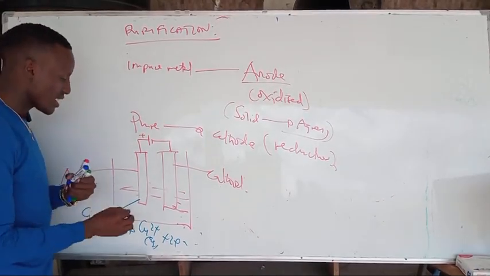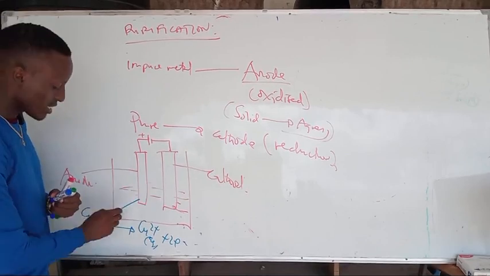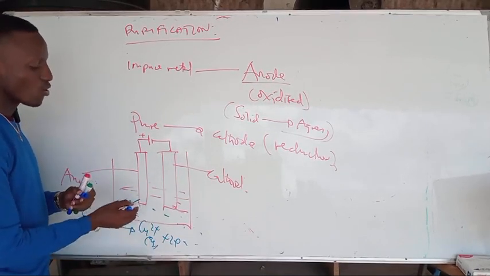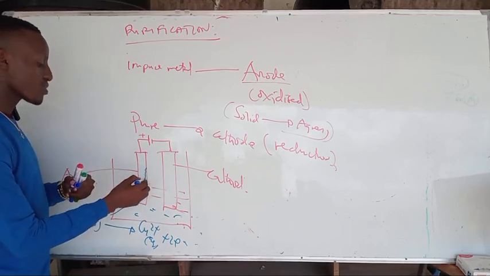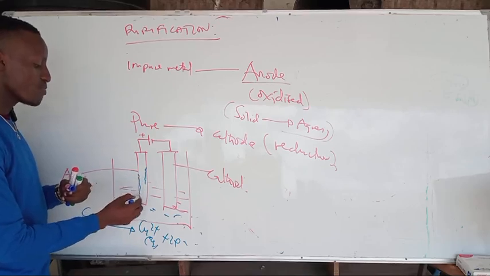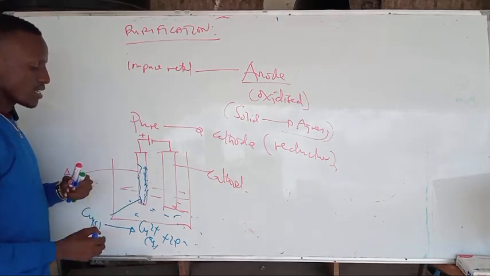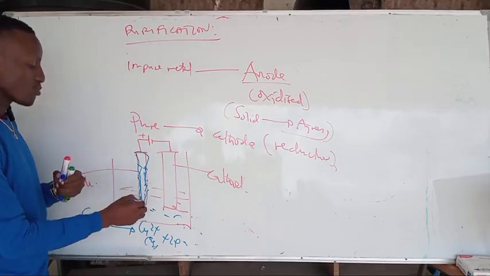So the solid electrode turns into aqueous and falls into the solution as copper ions. While the process proceeds, this one changes its shape as it is reduced.